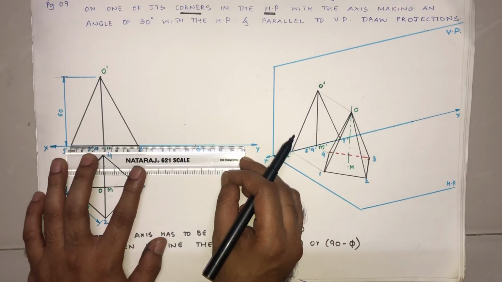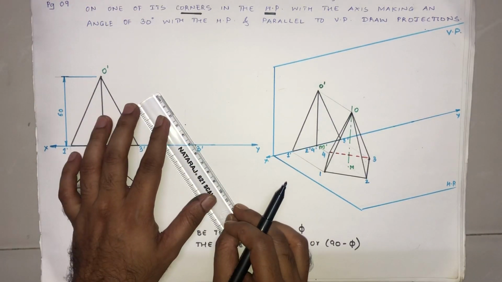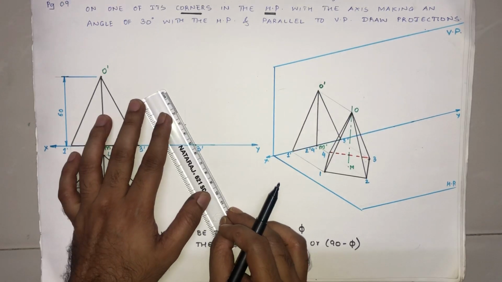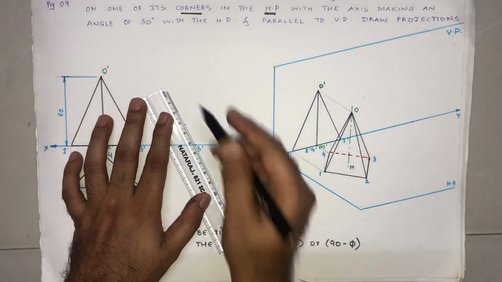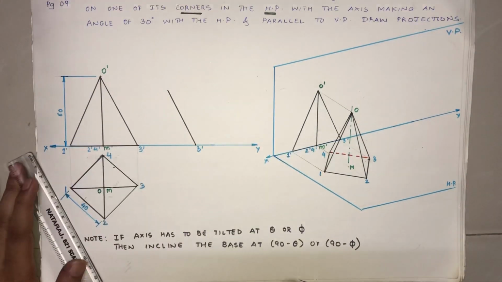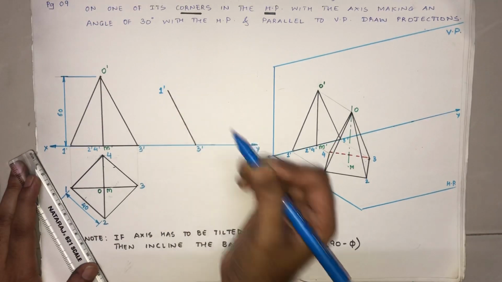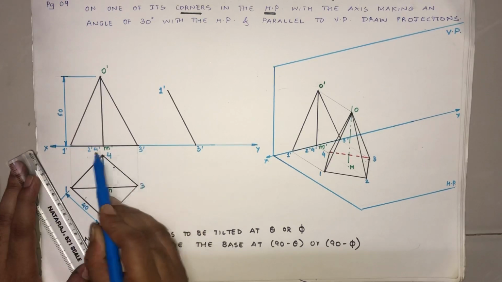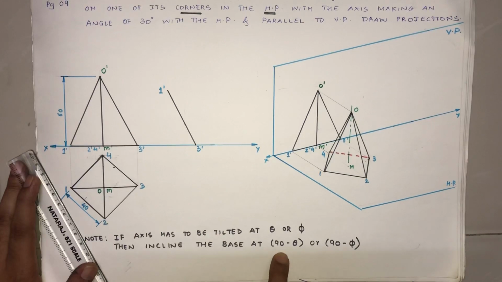Since I don't have a compass, this is a 60 degree line. What I have just done is I have inclined the base 1 dash, 2 dash, 3 dash, 4 dash at an angle of 60 degrees, because this is what the note says.